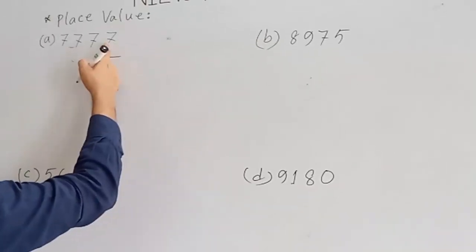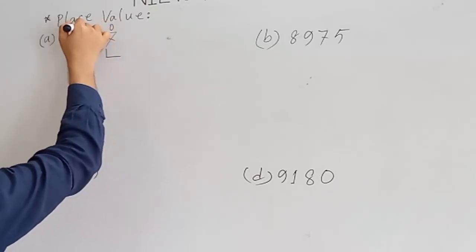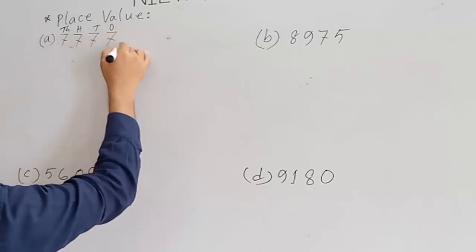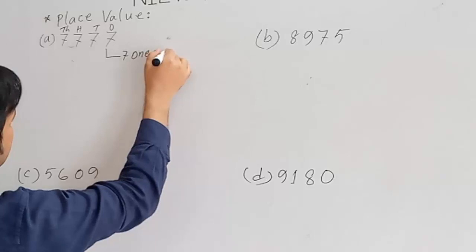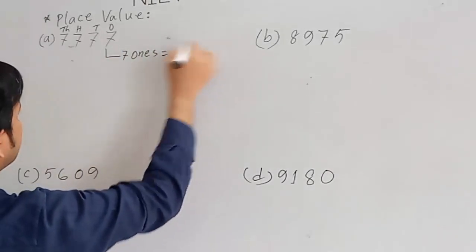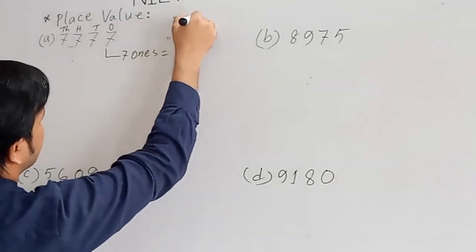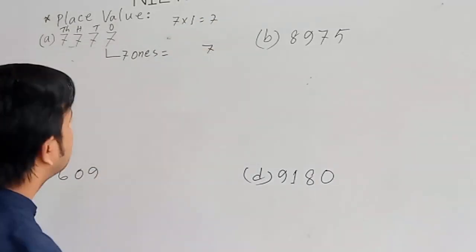Here, this is ones position, this is tens position, this is hundreds position, and this is thousands position. So we can write 7 ones. And the value of 7 ones is, we have to multiply 7 by 1. It will be 7. So write 7 here.